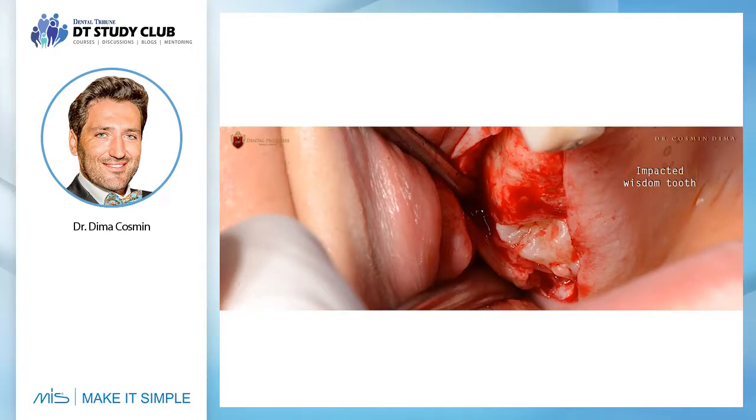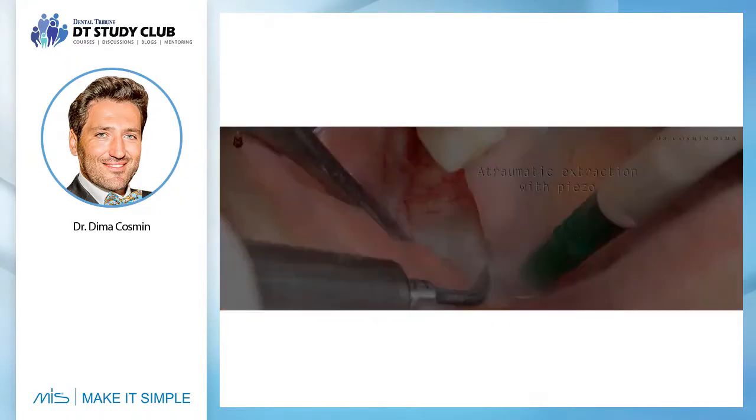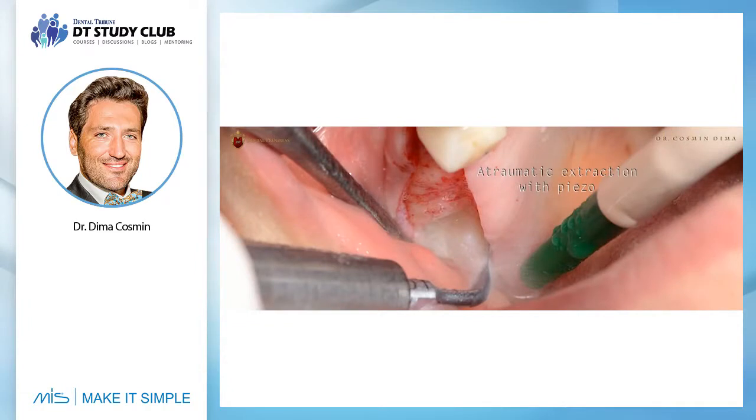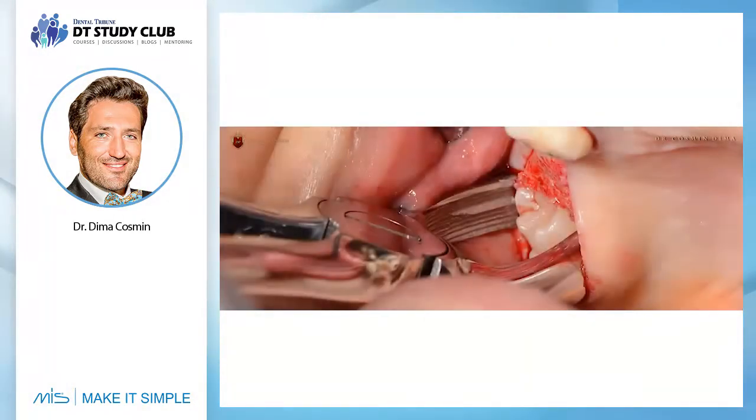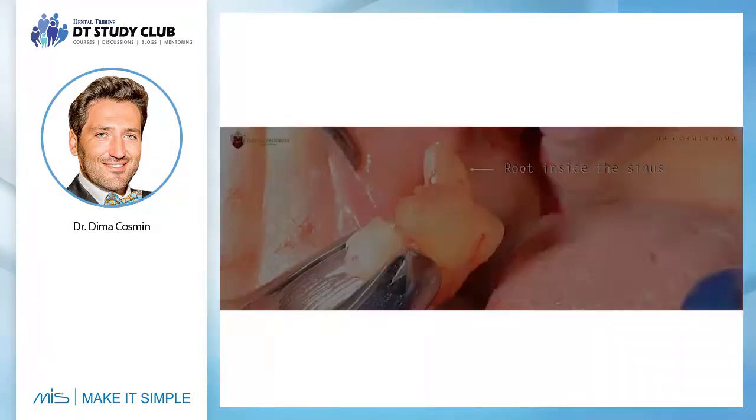So after raising the flap, we can see the impacted wisdom tooth, and we decided to extract it with an atraumatic extraction helped by piezosurgery, like you can see in this picture. After we use the piezosurgery, we can extract the tooth easily, like you can see in the movie.